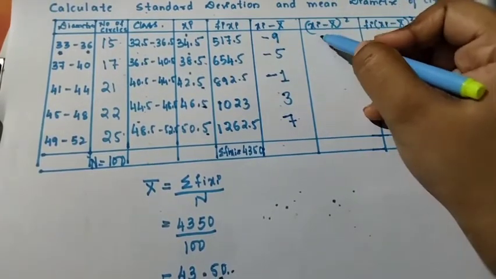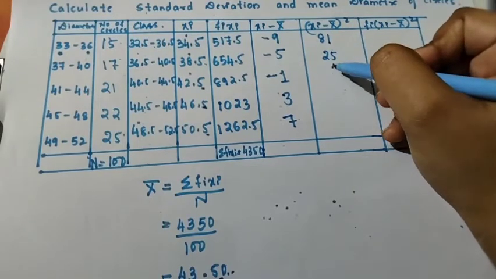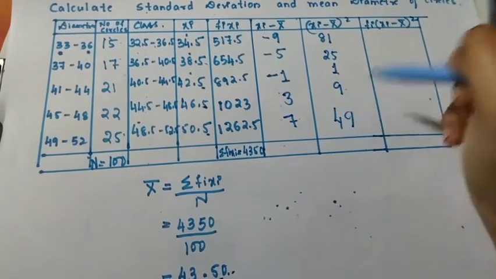Okay, next take the square of these: 81, 25, 1, 9, 49.